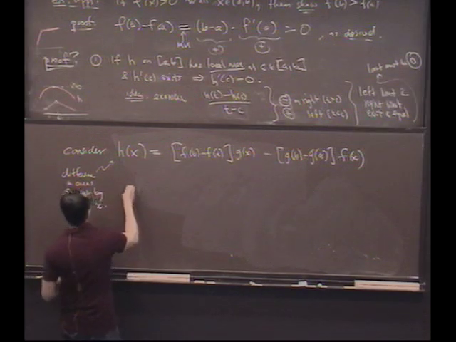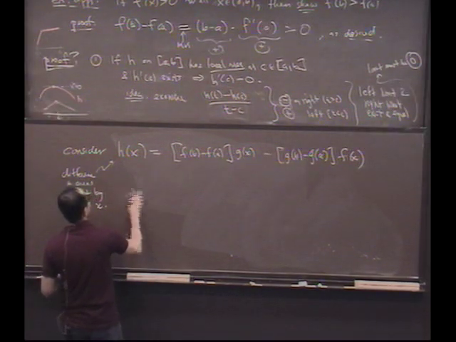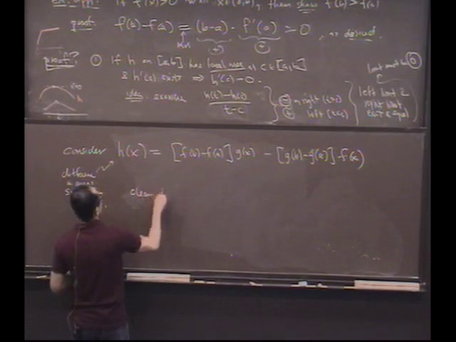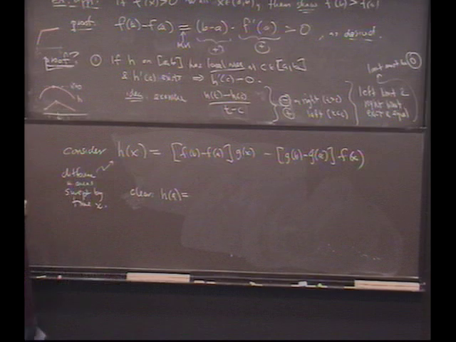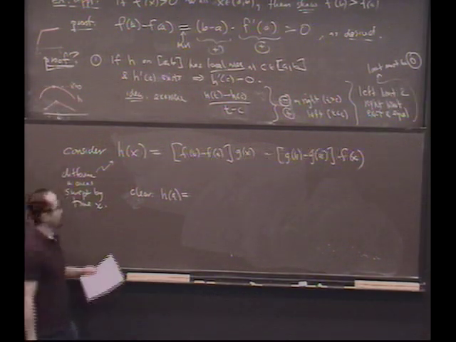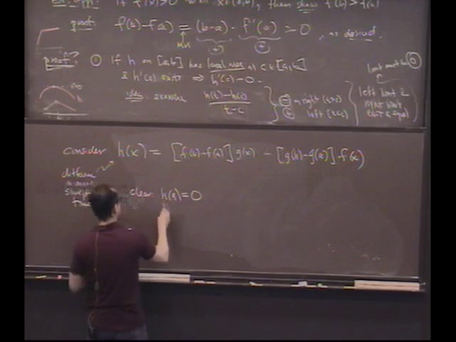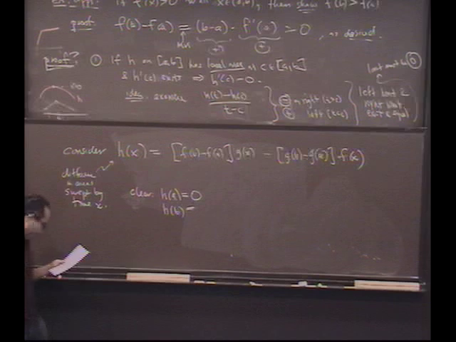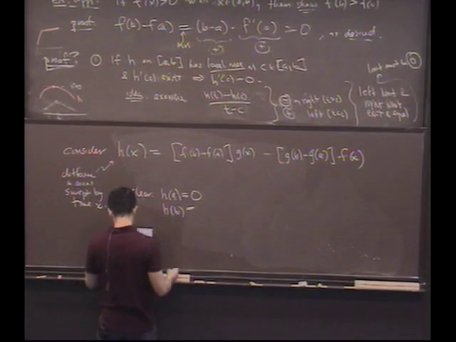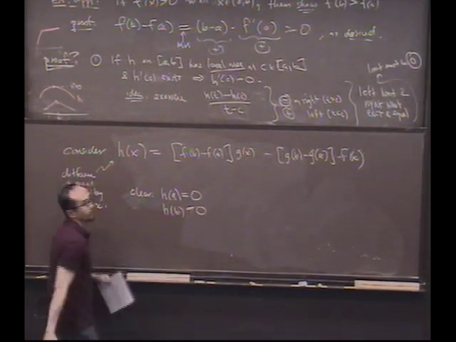Why? Because then it's clear that h of a has to be what? At time a, when both knives start, they have both swept out how much area? Nothing, right? 0. It's also clear that by the time they both finish, the difference in area swept out is also 0.